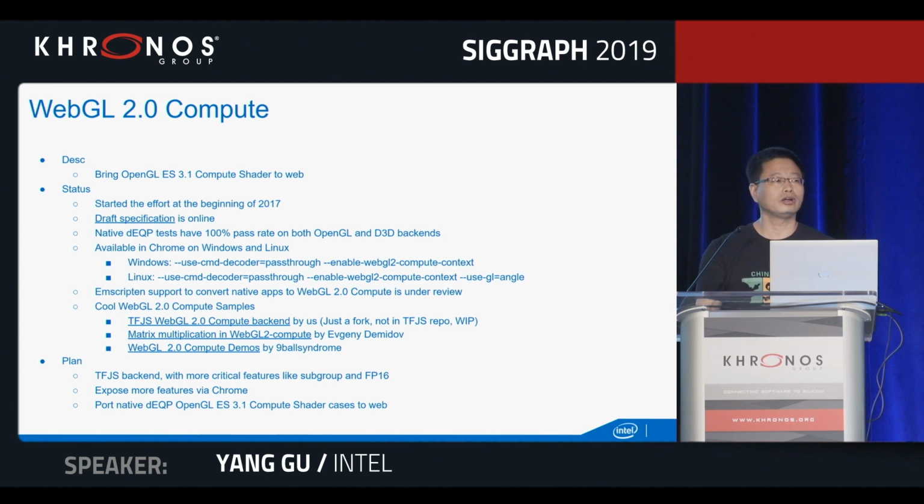And we also have some very great demos related to compute by the nine-ball syndrome. So as the next step, we will continue to bring some performance critical features such as subgroup support and FP16 support to this feature.